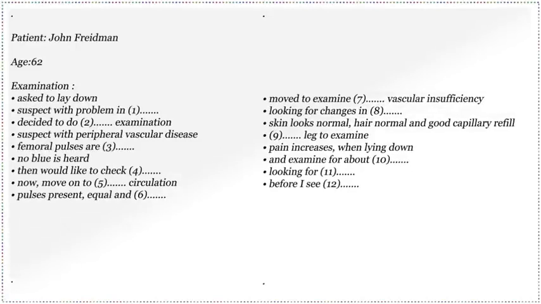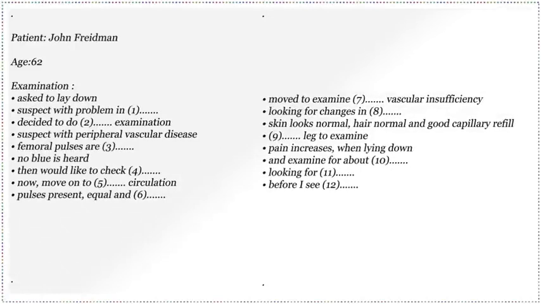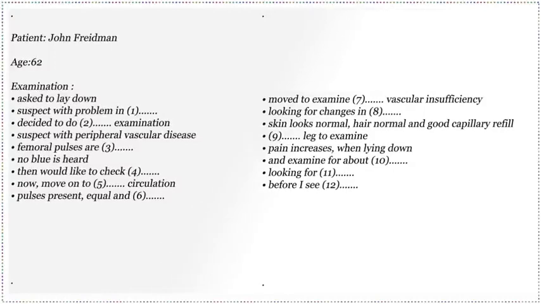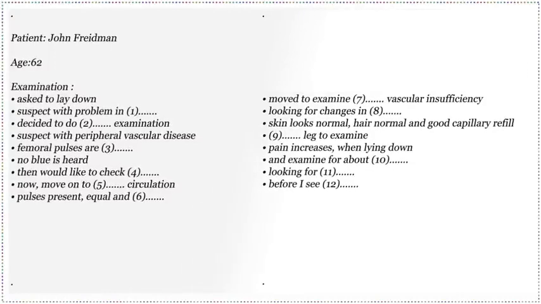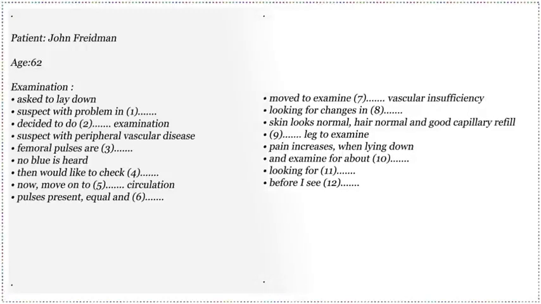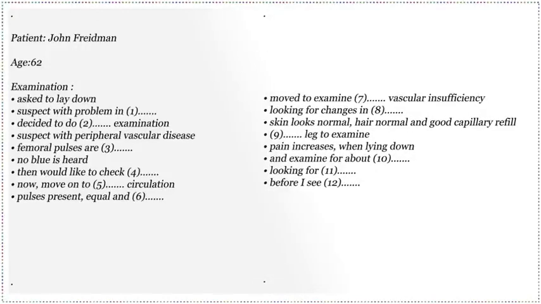I'd now like to proceed to do more of an evaluation of the peripheral circulation, and I will compare both sides. So with your leg nice and straight, I'm assessing for the posterior tibial pulse on both sides, as well as the dorsalis pedis.